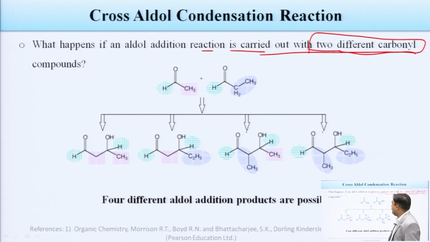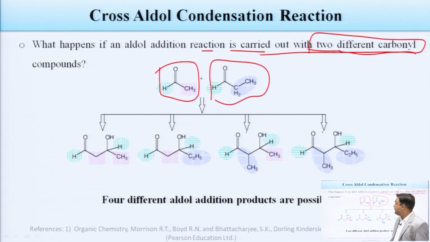So, when we are using this compound, you can see it is different. This compound is different. It is having CH3, it is having C2H5. So, when two different ketones or different aldehydes are reacted with each other, we can obtain 4 different products in cross aldol condensation reaction.